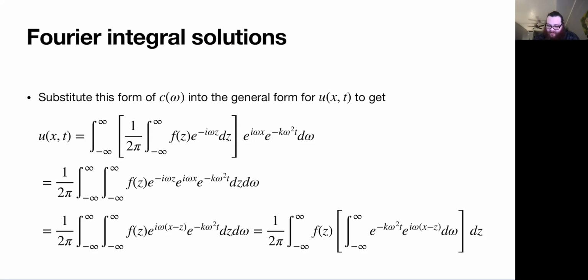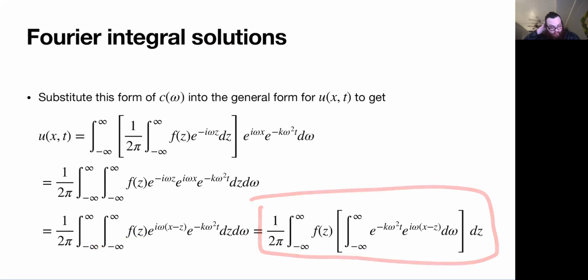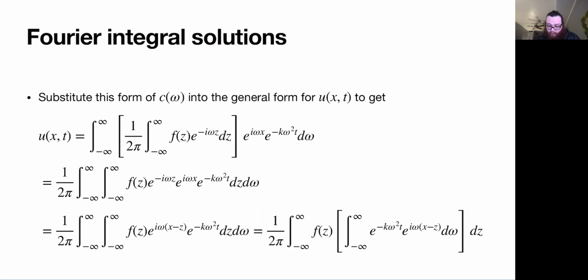Okay, and then this f of z can be pulled out, but we're going to be left with this sort of representation. So all the same pieces are here; we just rearrange them a little bit. Now what we're working with is 1 over 2 pi integral of f of z times this expression in here.